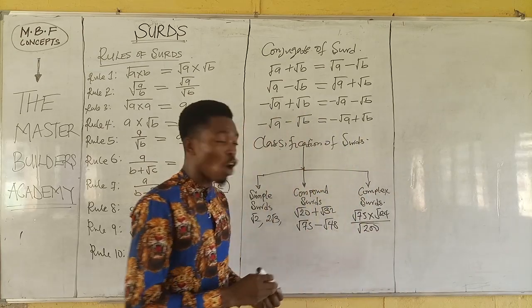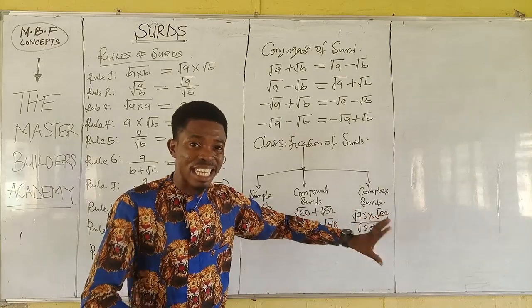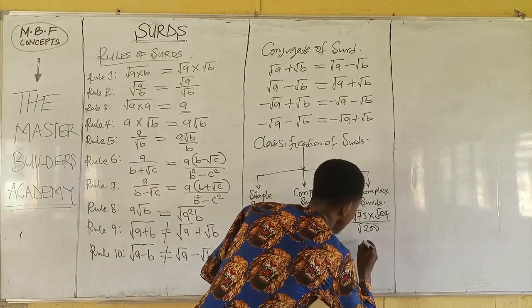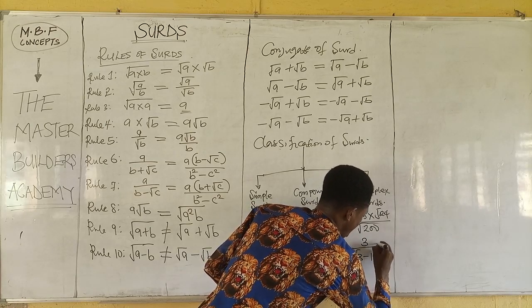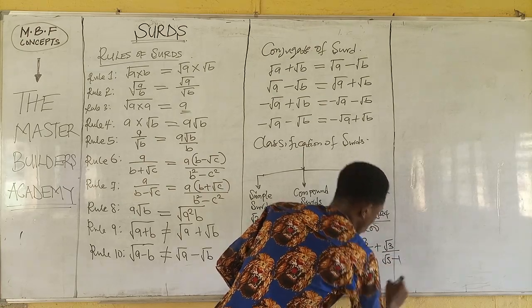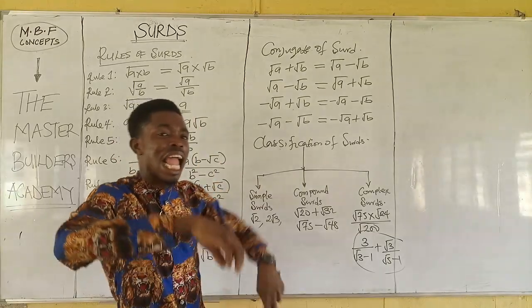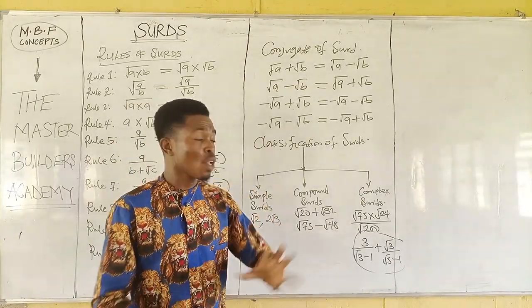You see now, this is the complex aspect of surds. You can also be given 3 over root 3 minus 1 plus root 3 over root 5 minus 1. These aspects are the complex aspect of surds.